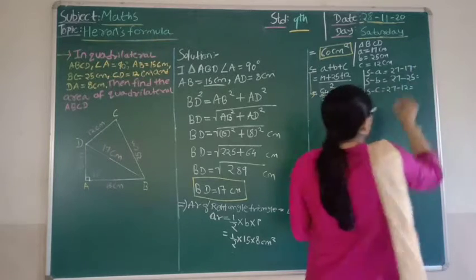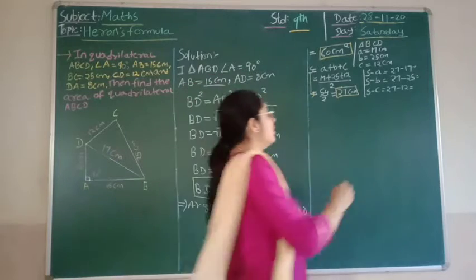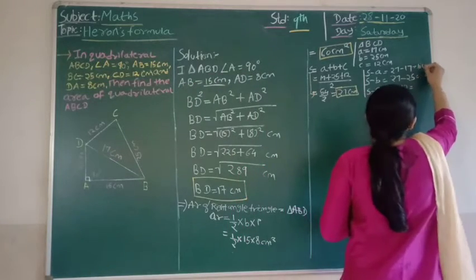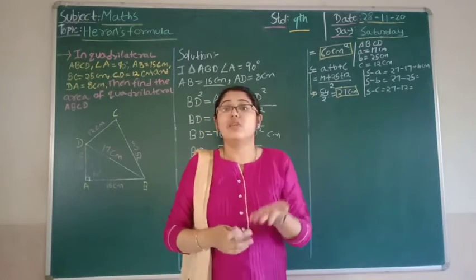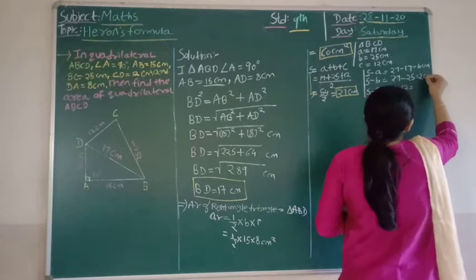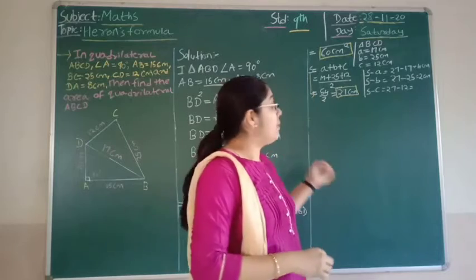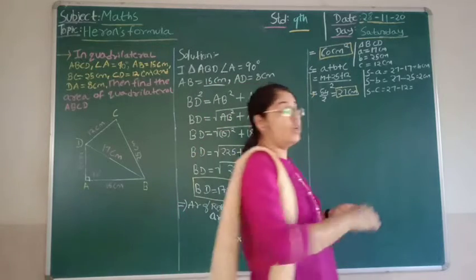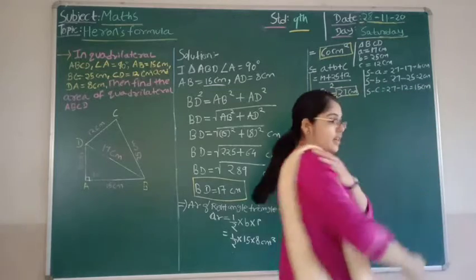Now we'll get the value. 27 minus 17 is nothing but 10 centimeter, and 27 minus 25 is equal to 2 centimeter. And the last is 27 minus 12, that is equal to 15 centimeter.